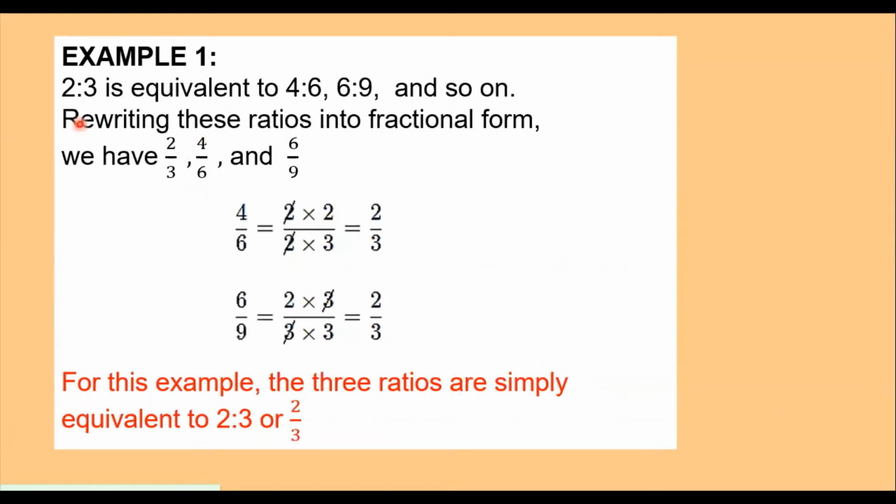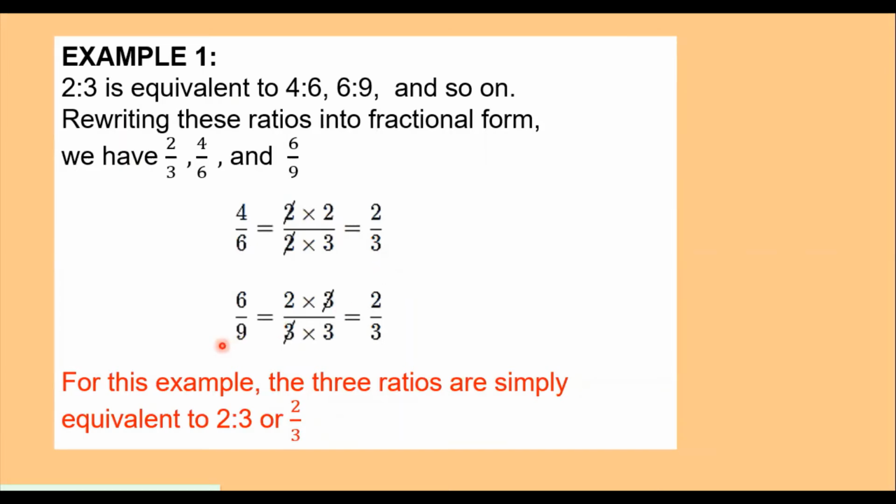Example 1, 2 is to 3 is equivalent to 4 is to 6 and 6 is to 9. Rewriting this into fractional forms, we have 2 is to 3 or 2 over 3, 4 over 6, and 6 over 9. Taking 4 over 6, dividing it by 2, notice that we can cancel this one, so we'll be left with 2 over 3.